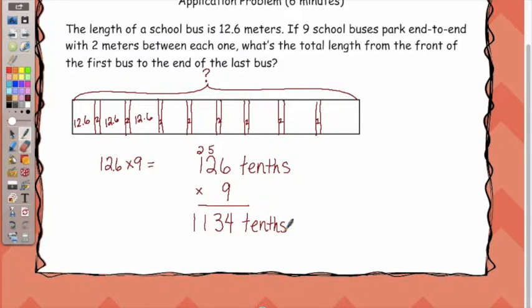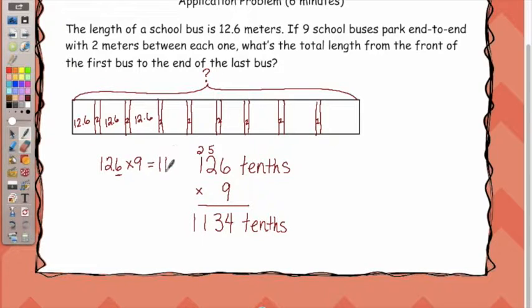Tenths. So, when I write my answer, Ari, where will I place the decimal? Between what 2 numbers? Between 1 and 3. That would mean that it's only 11 meters. Or 4?